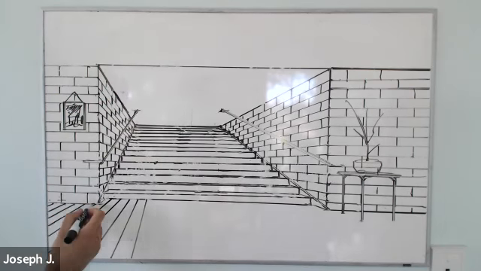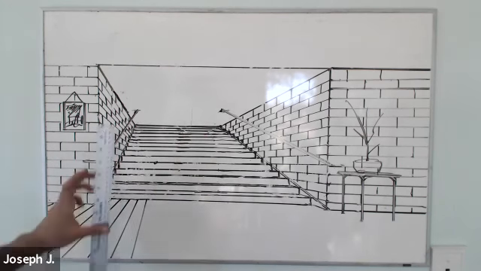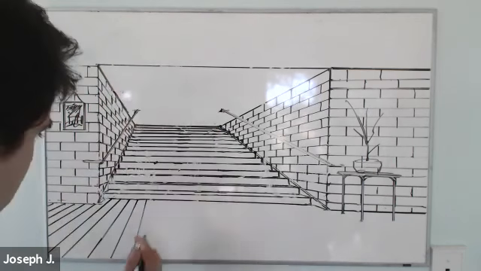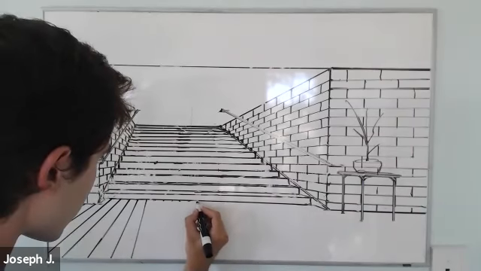And so we got riser, tread, very thin tread, and then all the risers because we can't see the treads. I already know the spacing now I want, so I'm just going to kind of do this.